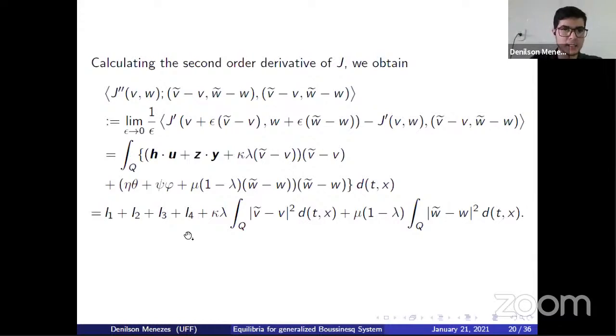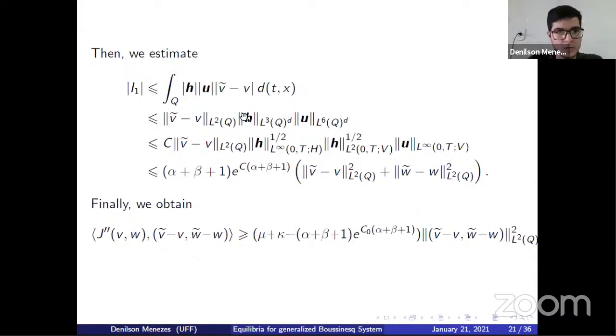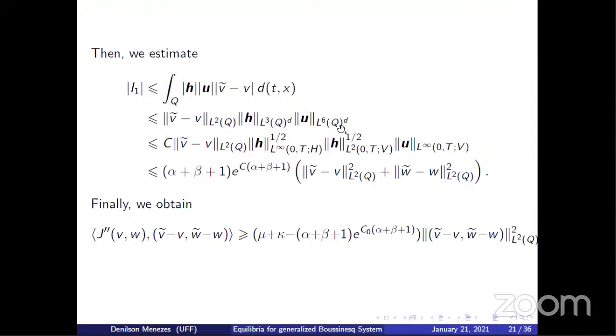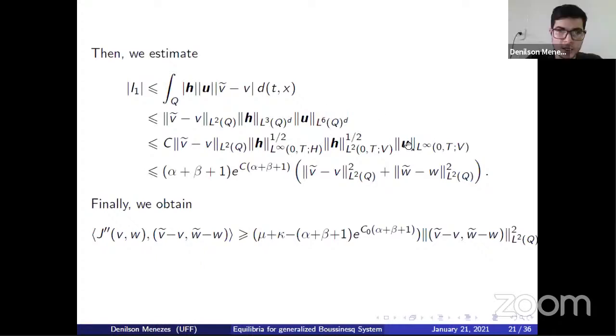For I1, we can use the Holder inequality and use the fact that L infinity of (0,T) with values in V is included in L6 of Q. So this norm is less than or equal to this. And we use that the norm of H in L3 is less than or equal to the product of these two norms. So we find this expression and put this together with previous calculations.